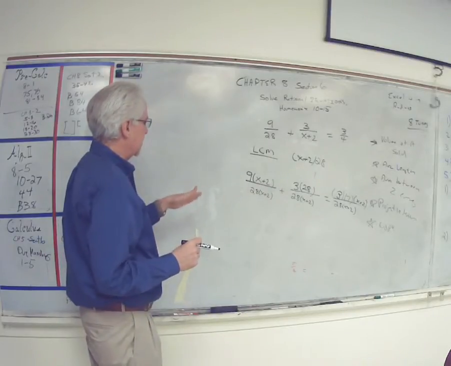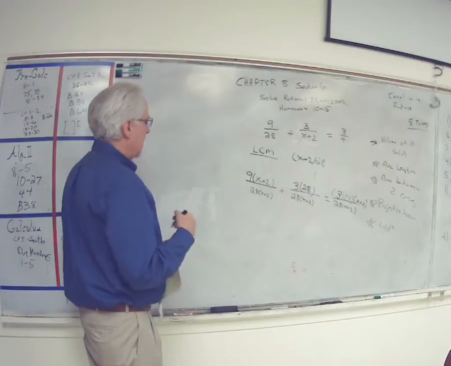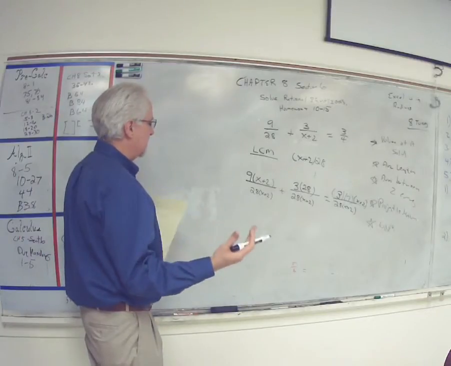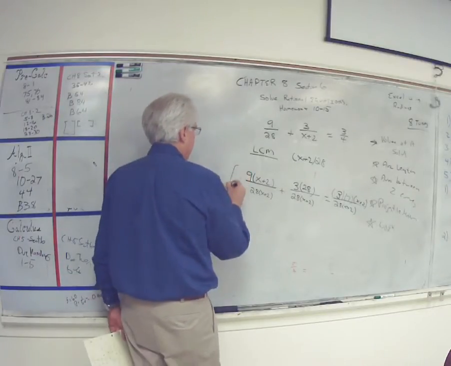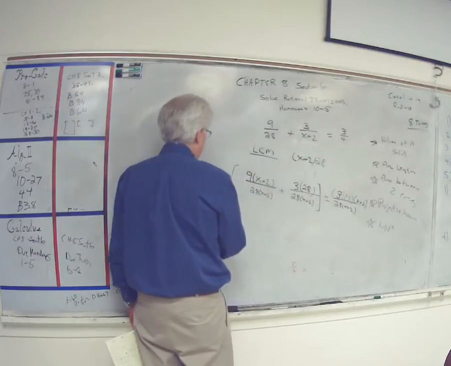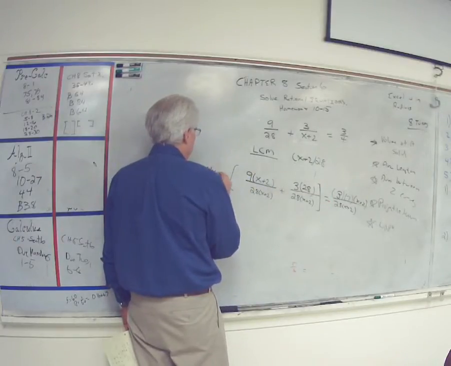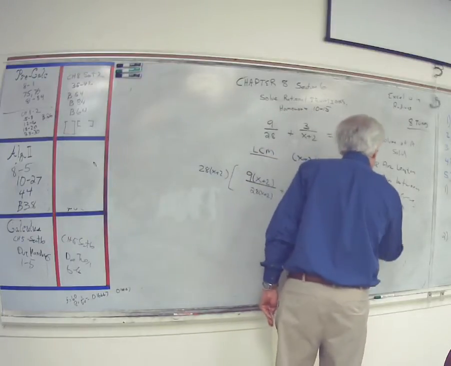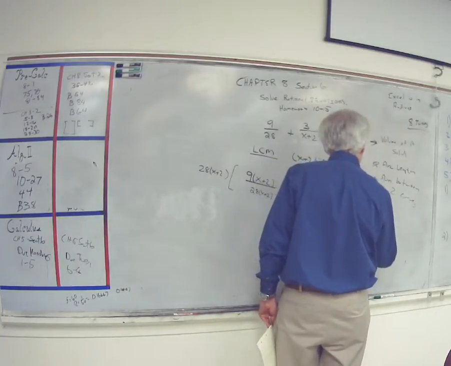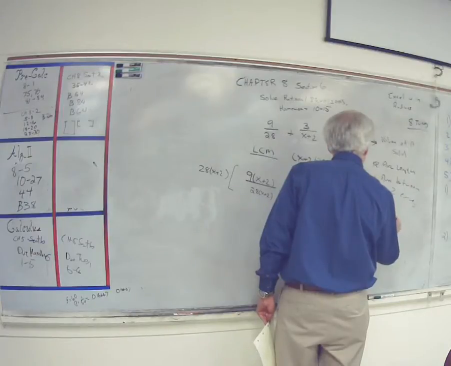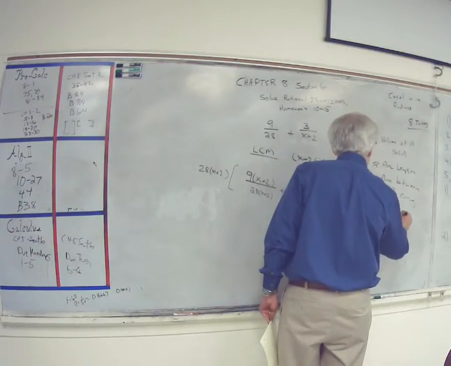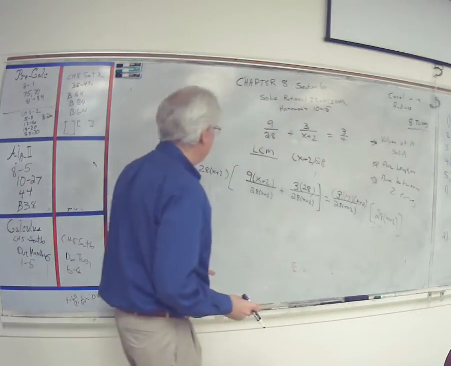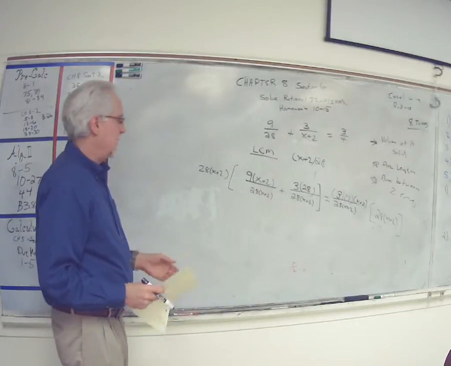So I've got the least common multiple. Now what can I do? I can multiply both sides by 28 onto x plus 2, right? Now I've gotten rid of all of my denominators.